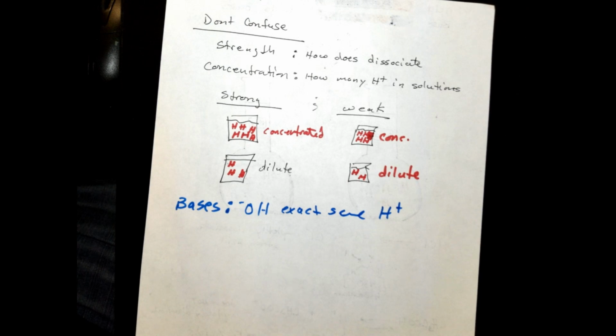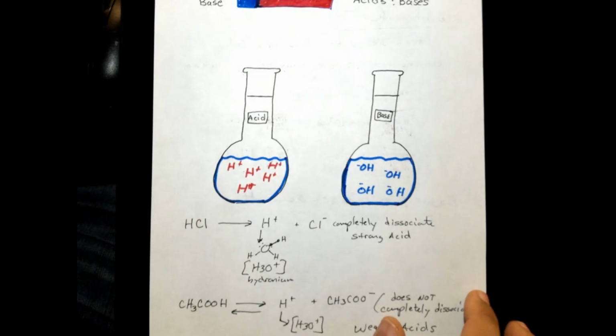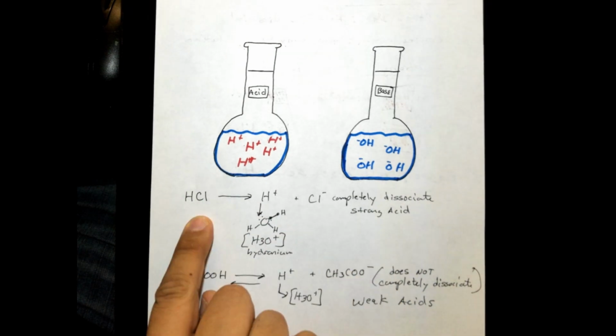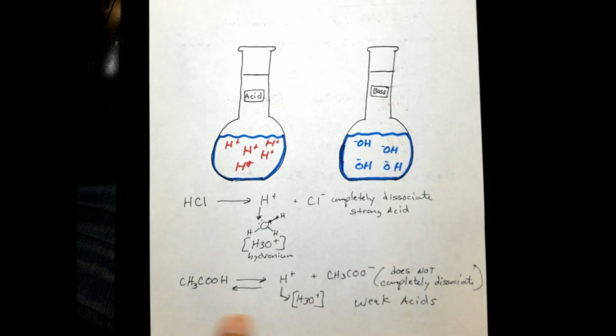So it all works out to be exactly the same. So if you want to know how bases work, go back and relook at the video, but everywhere I put hydrogen, put hydroxide. It's the same thing. A strong base will dissociate completely. A weak base will only partially dissociate and go back and forth. The exact same thing that happens with acids happens with bases.